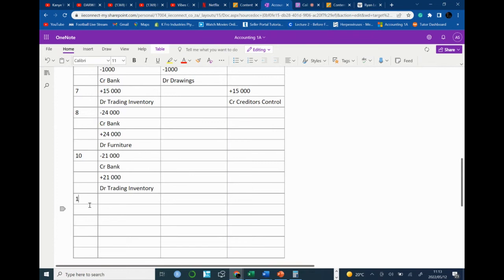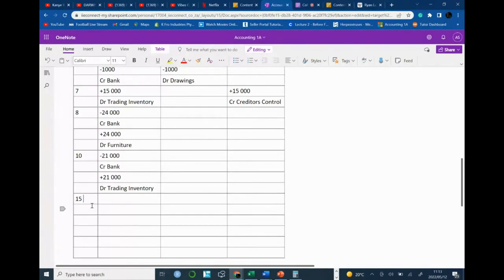What happened on the 15th? Mr. Thomas rendered some repair services and charged TYT a fee of 6,200. TYT agreed to pay Mr. Thomas the full amount due this month on the 31st of March. So in other words, this transaction was done on credit.